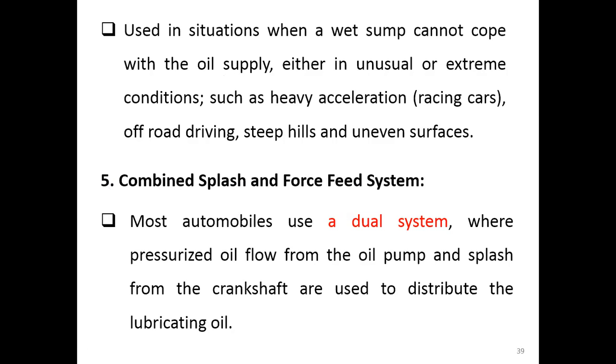So in this system, we have pressurized oil, because oil is pumped from the oil pump, so it has pressure. This pressurized oil will flow from the oil pump, and then be distributed to several parts of the engine by splashing from the crankshaft.